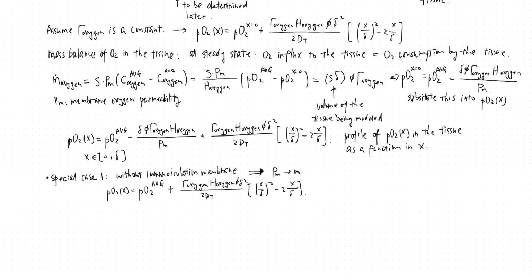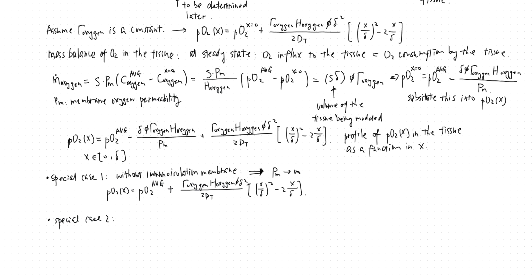Now, special case 2. This is a case where the tissue with a membrane is cultured in vitro, and the external environment may present a mass transfer resistance due to an unstirred boundary layer.